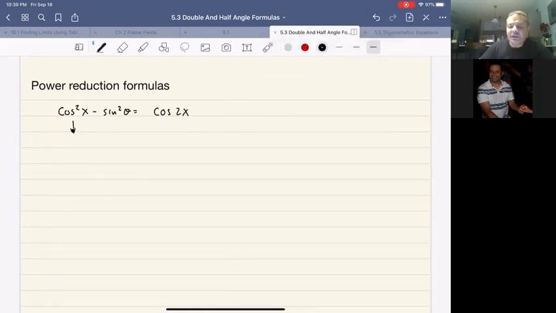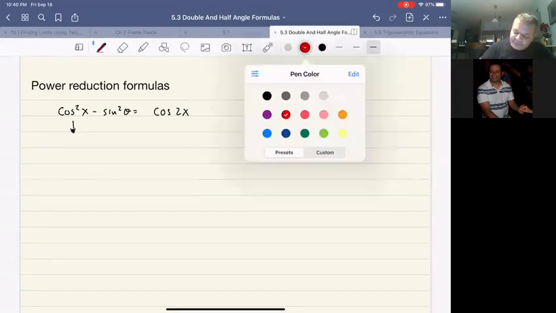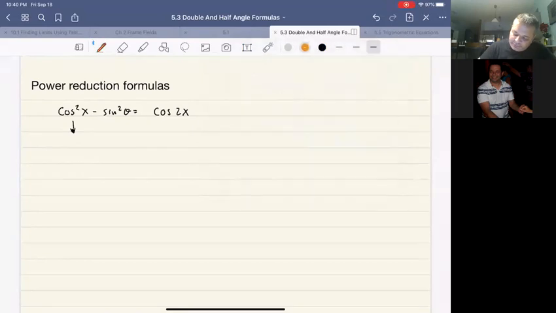We can think of cosine squared of x as 1 minus sine squared of x, right? Remember, cosine squared of x plus sine squared of x equals 1. So cosine squared of x is 1 minus sine squared of x.